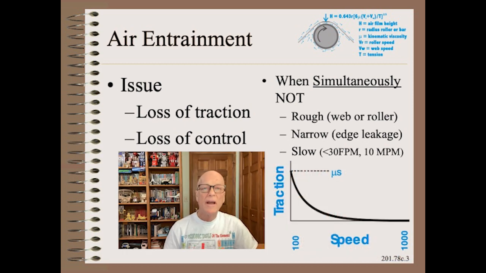The loss of traction is complicated, but roughly looks like this graph of traction versus speed. At low speeds, you have nearly all of the traction expected by the static coefficient of friction. By the time you hit a few hundred feet per minute, your web is likely to be floating or fully floating on air.